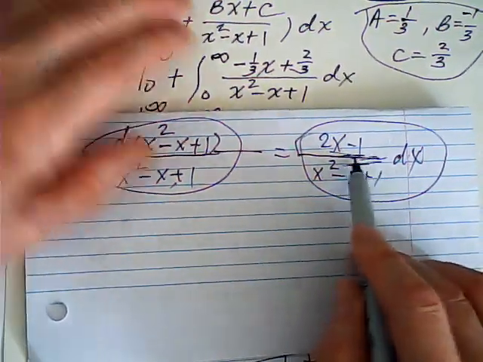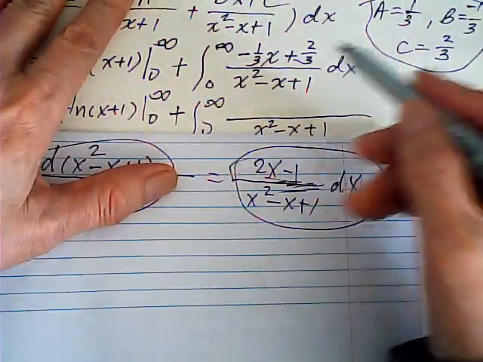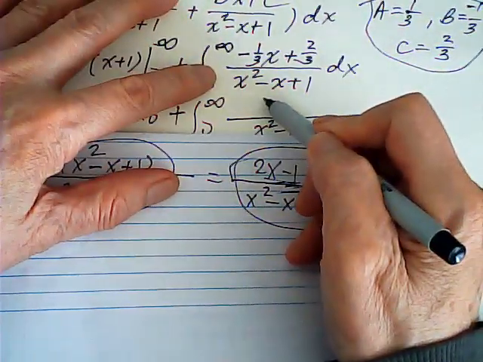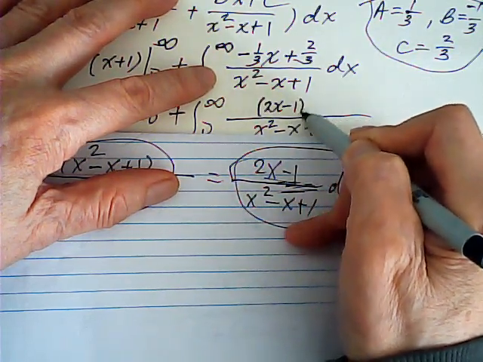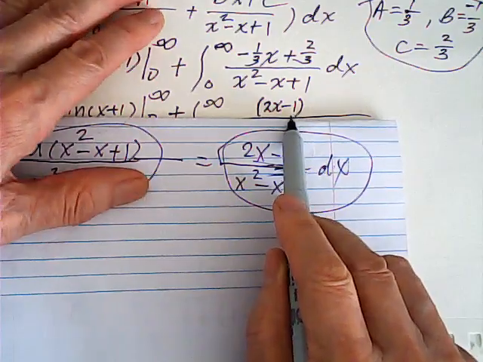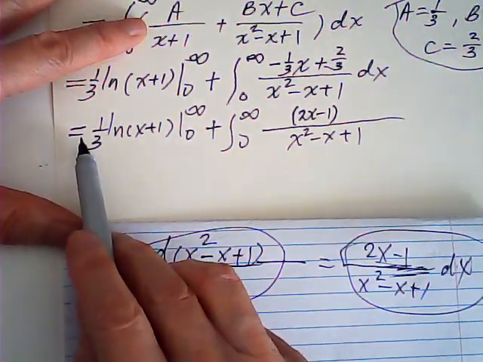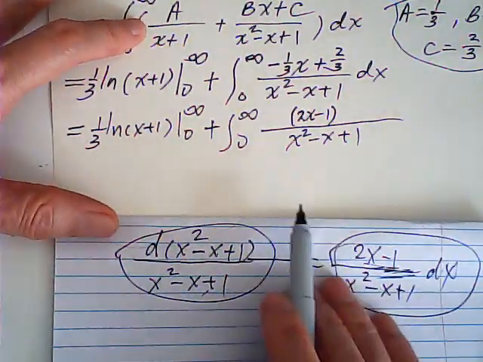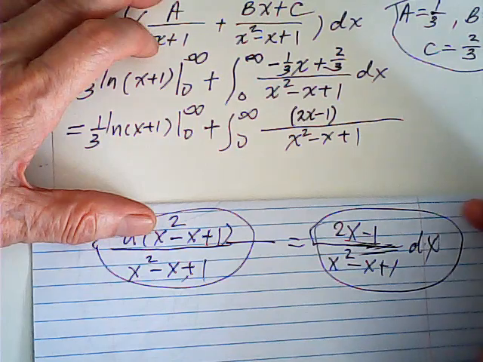I want 2x minus 1. This is what I want. So I can have this, but at the same time I want to maintain an equal sign. And the result has to be this.